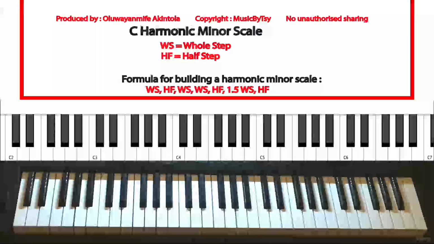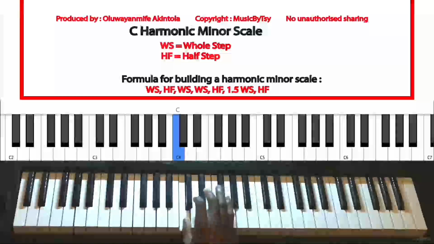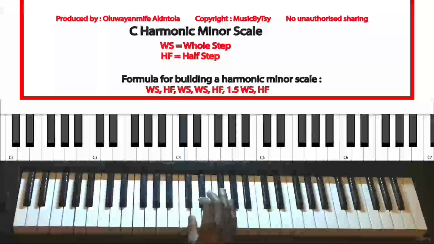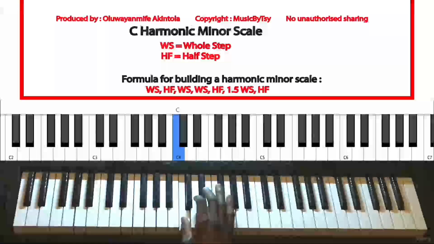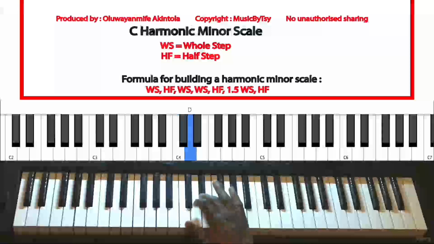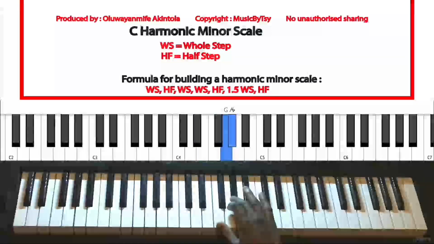Now, in order for us to figure out the C harmonic minor scale, all we have to do is take the seventh note that is in the C natural minor scale and then increase that by a half step. You can count as you walk up the scale to make it easier. So starting from the key of C, 1, 2, 3, 4, 5, 6.